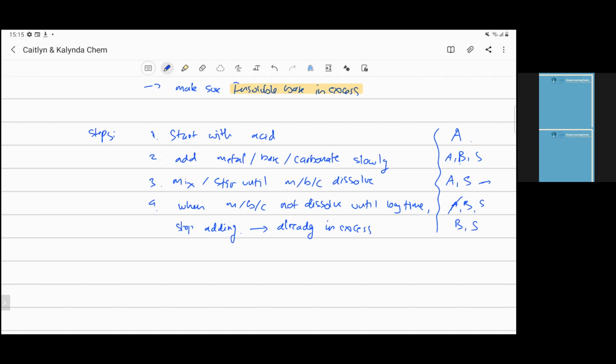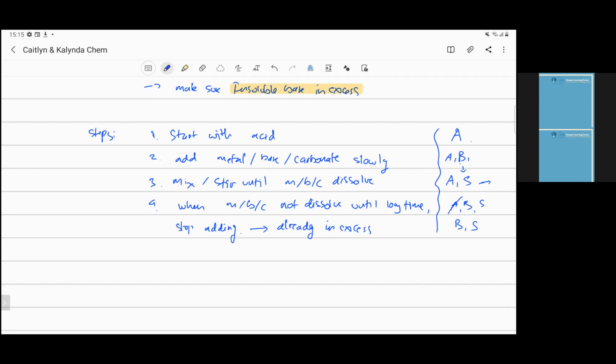I repeat, initially we have just an acid. When we add a base here, the acid and base change into a salt. So in the liquid, we have only acid and salt, no base. All the base reacts.